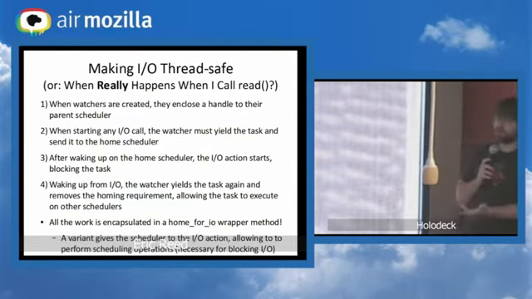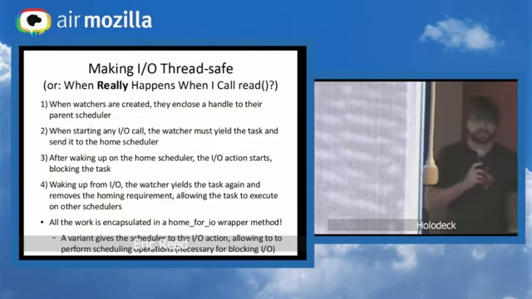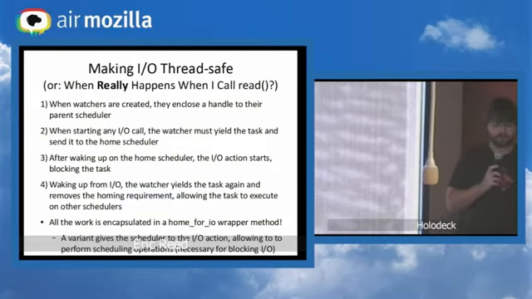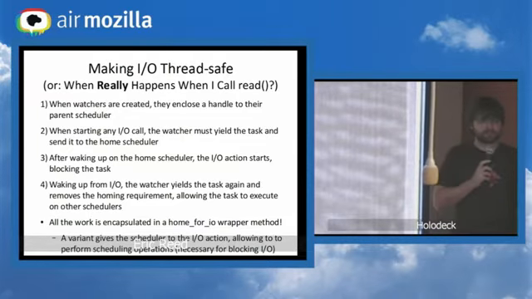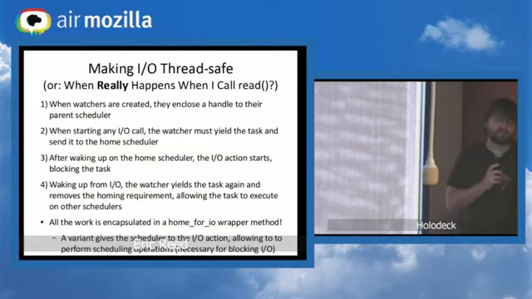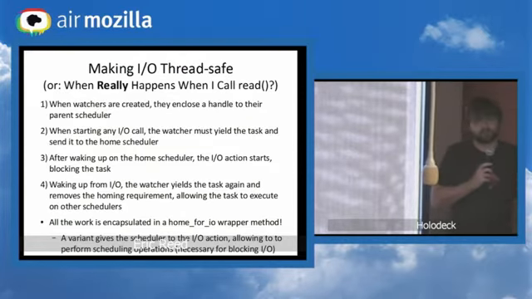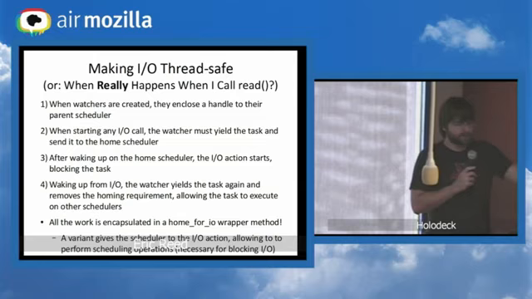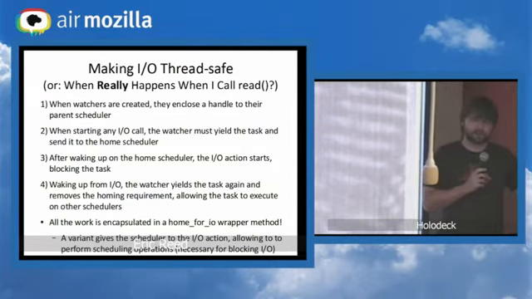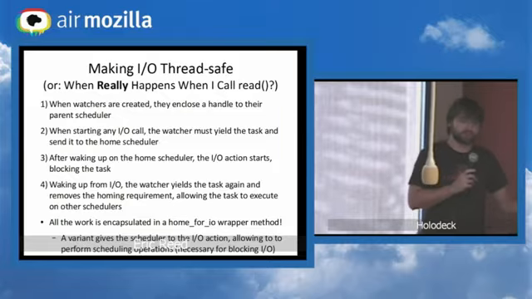And when you start to do an I/O call, the first thing it does before it tries to do any I/O is it yields the task, and it tells the scheduler, send me to wherever my home is. And maybe this is the same scheduler you're on, maybe it's someone else. And you'll go as a message to that scheduler and sit in the queue. And eventually, you'll get to the front, and you'll wake up on your home scheduler.